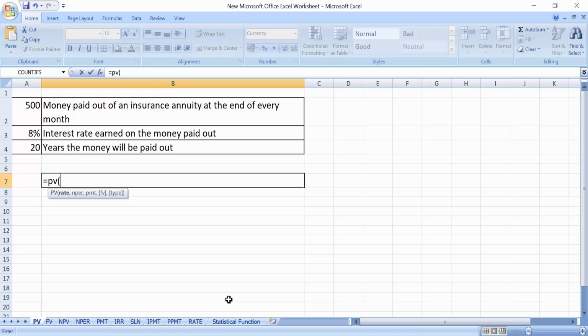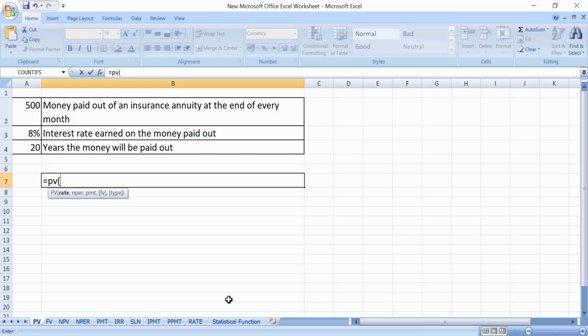PMT is the payment made each period and it cannot change over the life of the annuity. Next is optional, that is FV and type. FV represents the future value or a cash balance that you want to attain after the last payment is made, right? Future value that you want to gain.